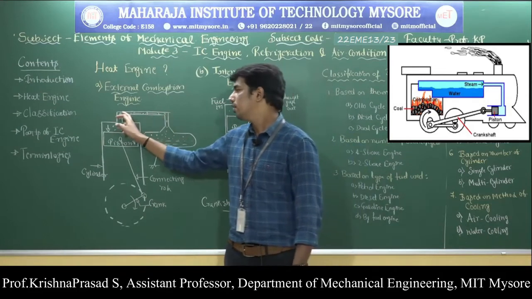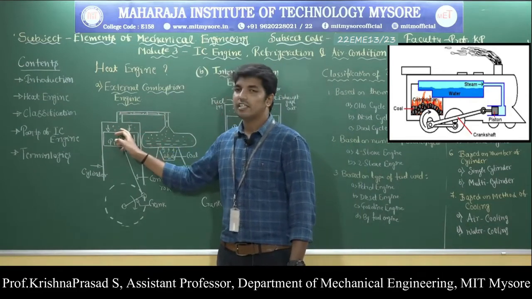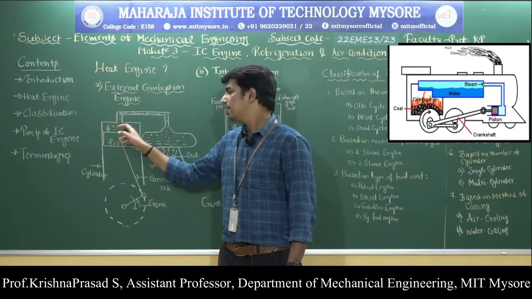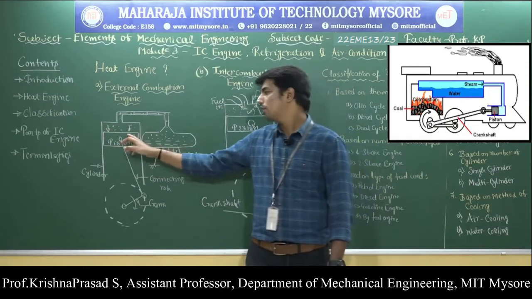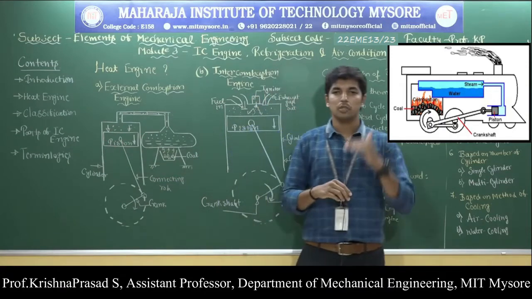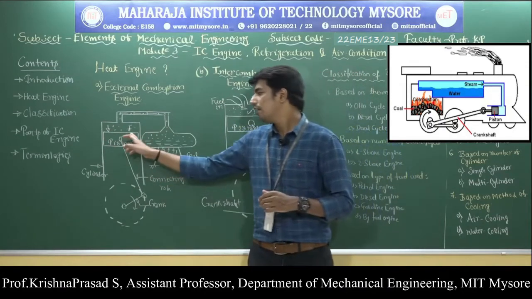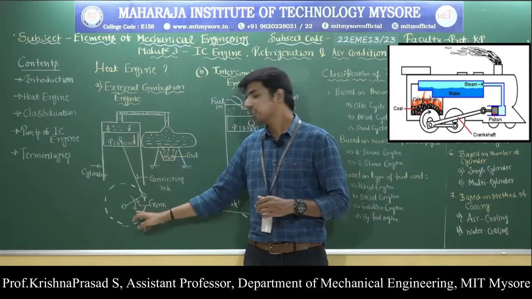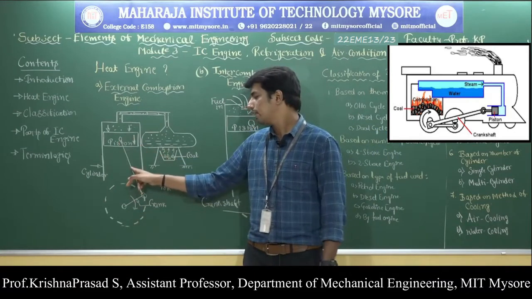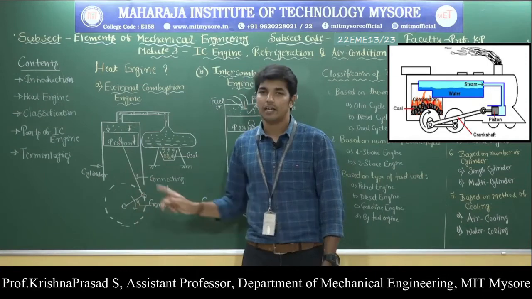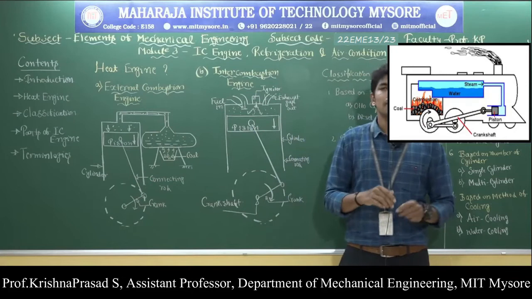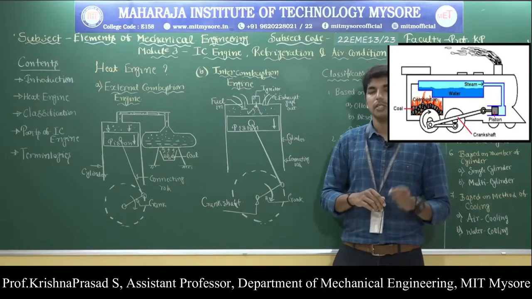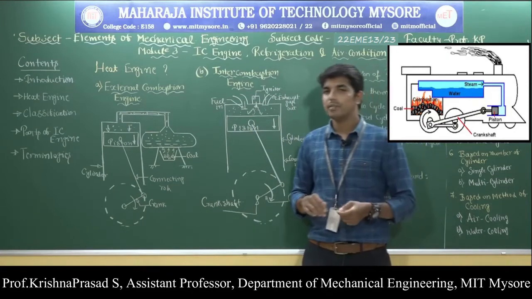This energy then enters inside the engine cylinder, where the gases expand and exert a large force on the movable component called the piston, and this piston reciprocates inside the engine cylinder. The motion from the piston is transferred to the crankshaft through the intermediate mechanisms called the connecting rod and the crank. One example of the external combustion engine is the steam engine.